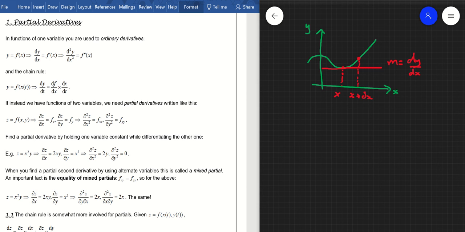So the change in y as we go along the function is roughly the gradient of the tangent line multiplied by how far we've gone across, which is our little dx.